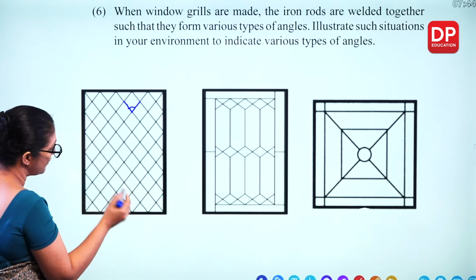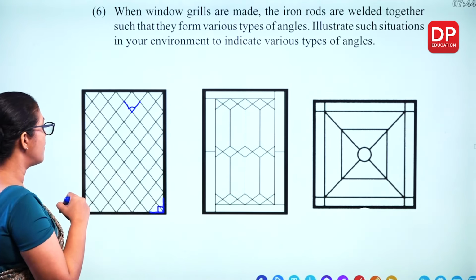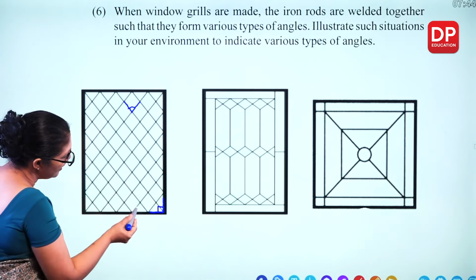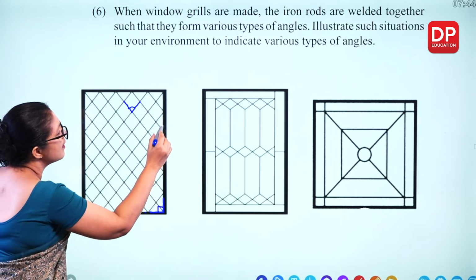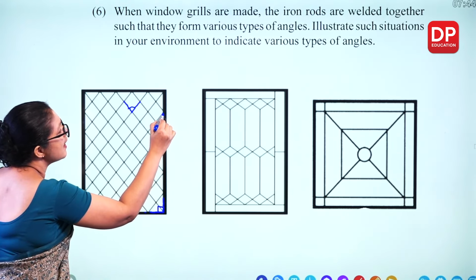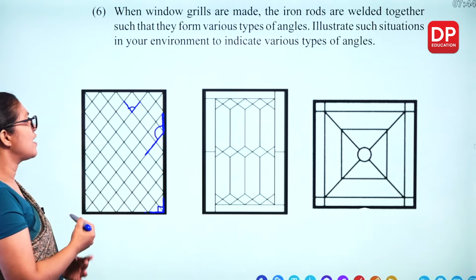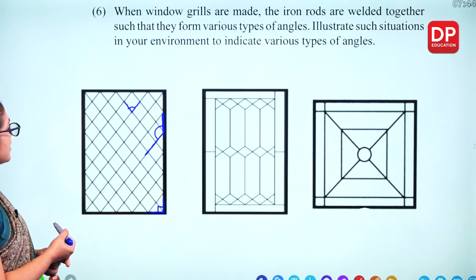If I take this corner, this and this, you get a right angle. And this line and this one, you get an obtuse angle. So right angle, acute angle, obtuse angle.